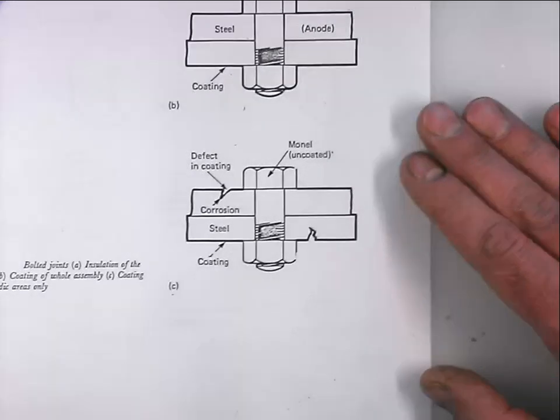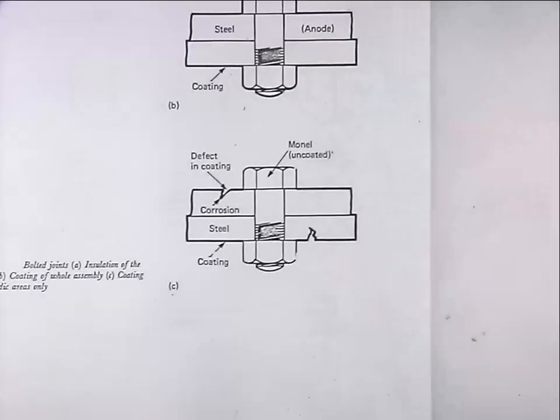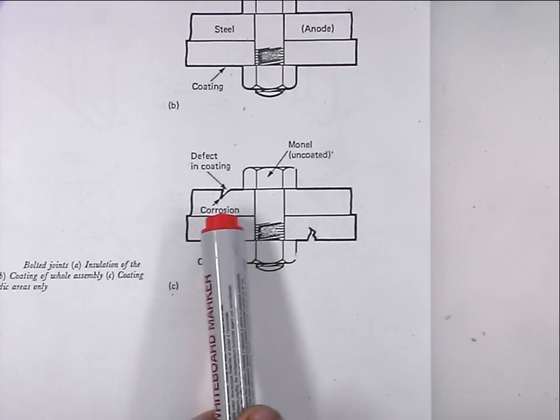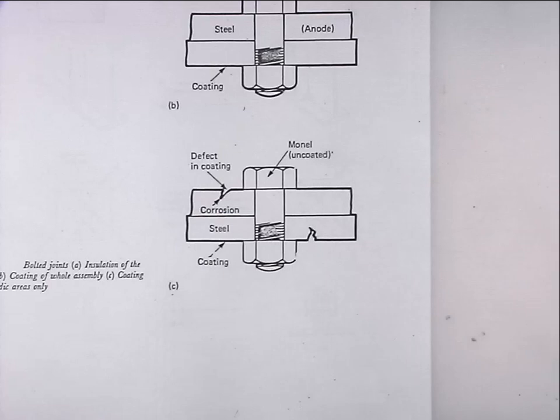That works, you're still breaking the electrical circuit, but as soon as there is a defect in the coating, then all the current is concentrated in a small area. So you've got a small anode area and a large cathode area. Okay, so the failure is accelerated because the surface area of the anode is smaller. So you end up with pits in the material.